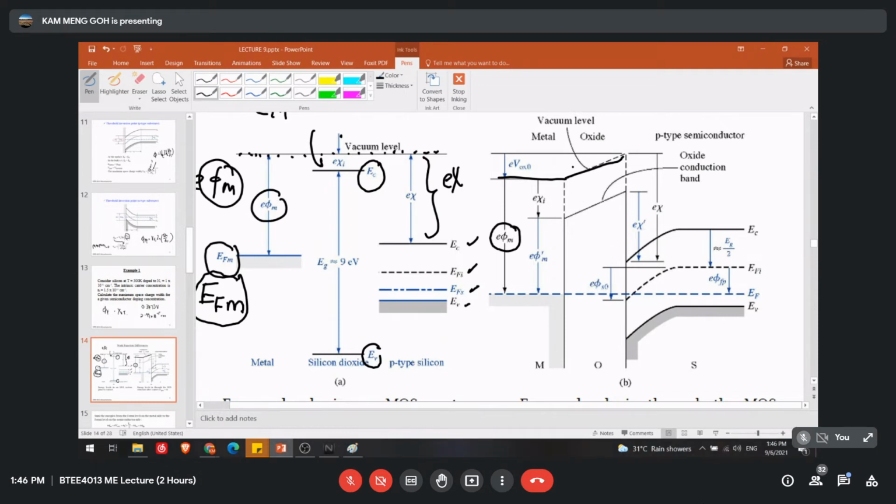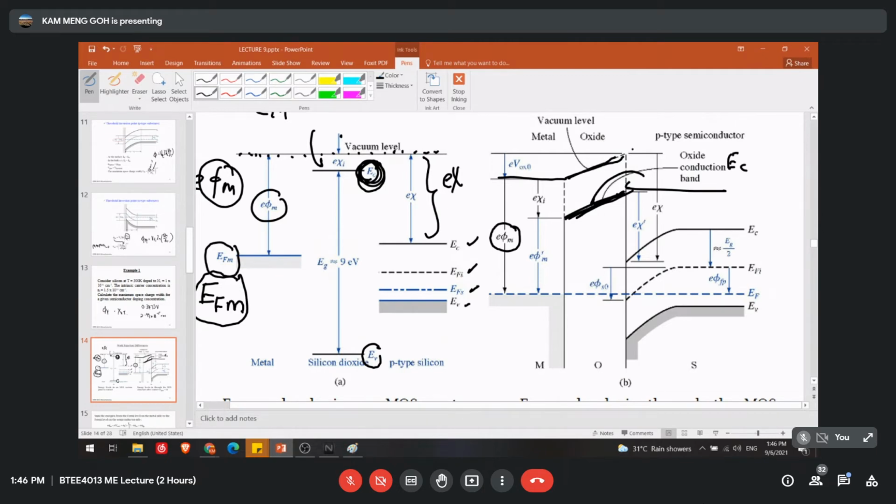When you join these three items together, the insulator will increase in this way. This one is the EC of the conduction band. It will increase theoretically. Don't ask me why it will increase. Yes, it will increase, but I cannot answer why. Scientists say it will increase.